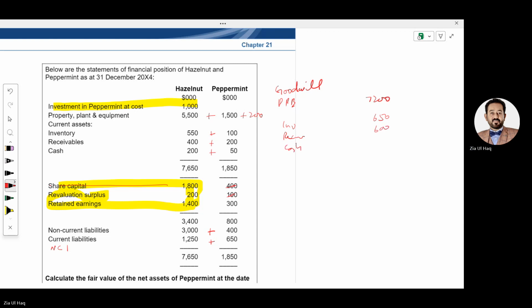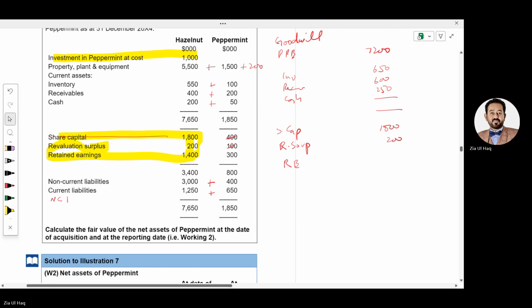For cash, 250. We will add them. Share capital will be the parent company only. Revaluation surplus will be the parent company only, and retained earnings we need to calculate. Non-current liabilities we will add, 3,400. Current liabilities we will add, 1,900, and non-controlling interest we need to calculate, and then we will have the balance sheet.